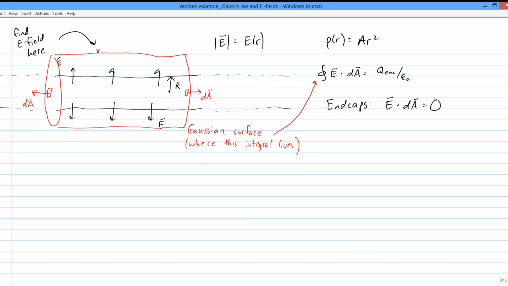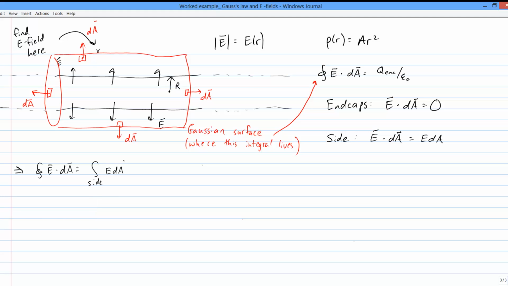But all along that middle section, E and dA end up being always parallel, so they dot to give just the magnitudes of E and dA multiplied together. Note that I've written side under the integral sign to indicate that we're integrating over the cylinder but not including the end caps. Okay, next step.